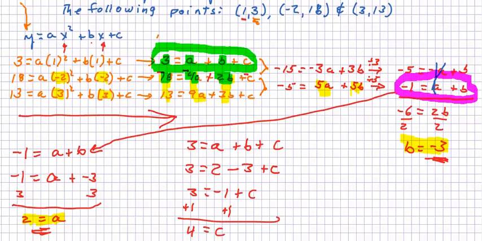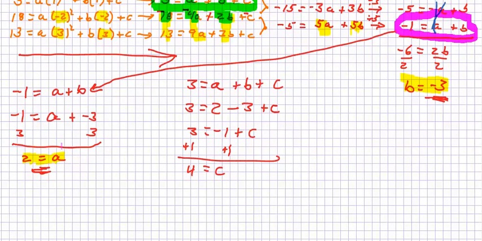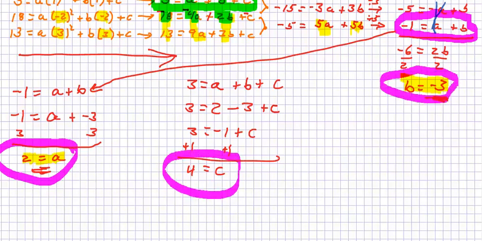Once I know a, b, and c, I can write my equation, y equals a, which is 2, 2x squared, minus b, minus because it's a negative, 3x plus 4.